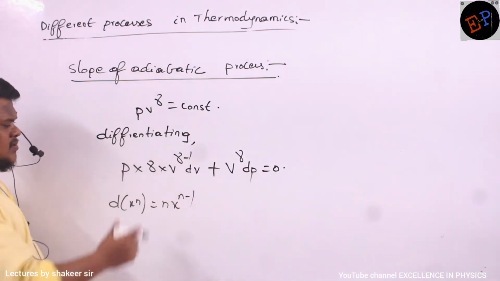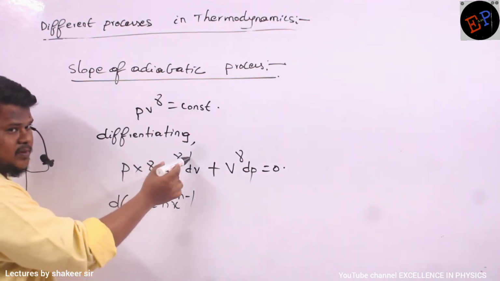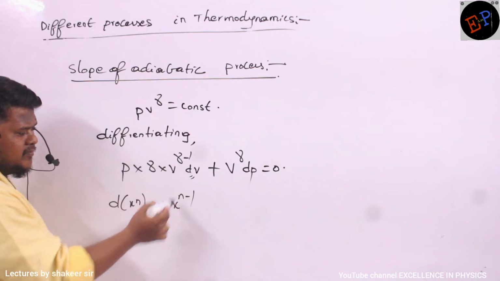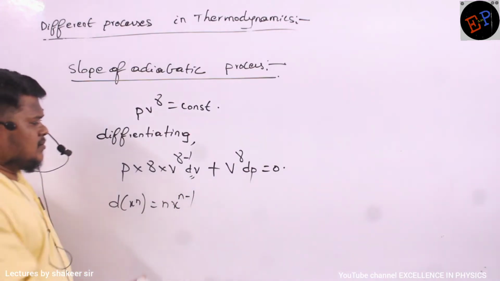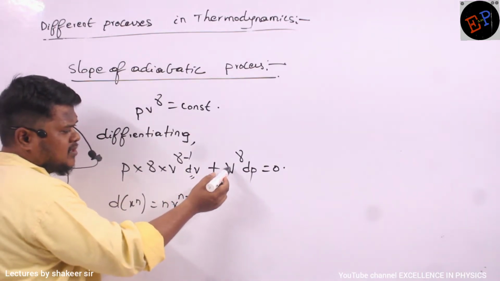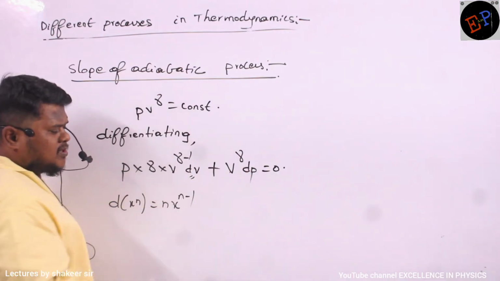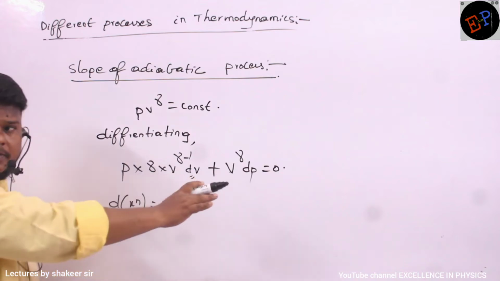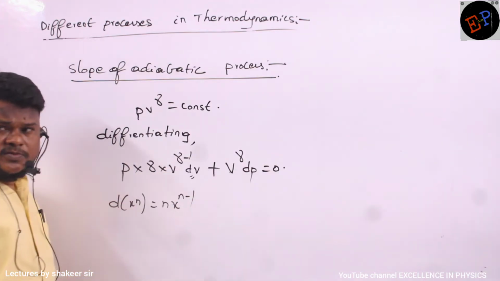So therefore gamma into V power gamma minus 1. I have differentiated only V, so again I will write dV. Understood? Then V power gamma, now I will take as a constant, and the differentiation of P is dP only. So the total should be equal to 0. Is it clear? If it is not clear, you ask me once again.